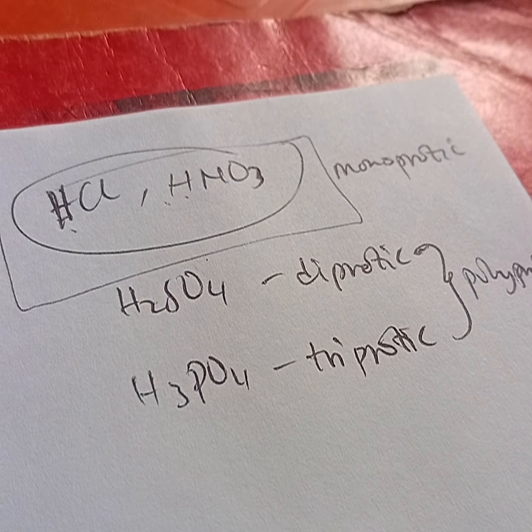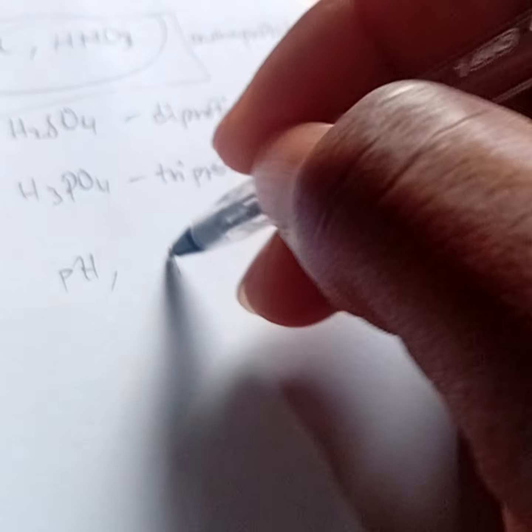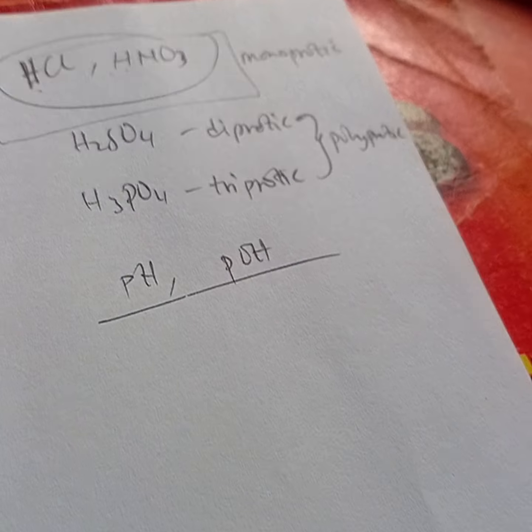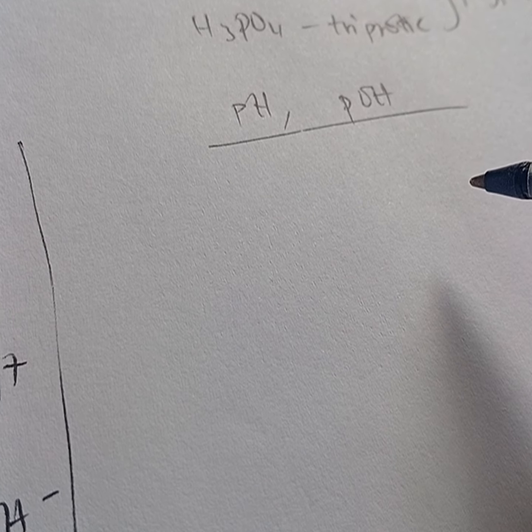So let's look at how we can calculate pH of monoprotic acids. In fact, let's see how we can calculate pH of strong acids. We have pH and pOH. We'll come and look at the weak acids aspect. So how do we calculate pH? First of all, we are going to start with water.